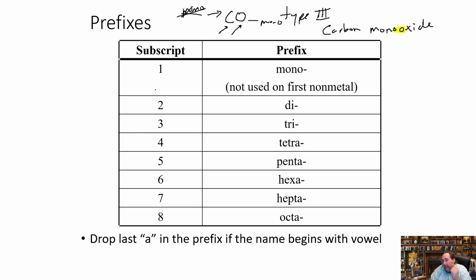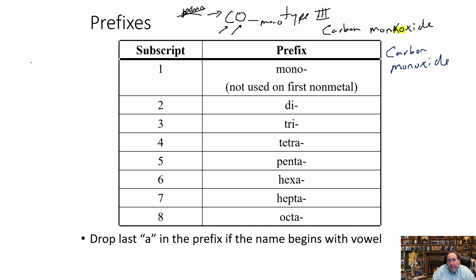So in that situation, this is not really known as carbon monooxide. In a situation where we get 2 O's together, an A and an O, we do drop the vowel off of the prefix. So we would get rid of that, and it is known as carbon monoxide.